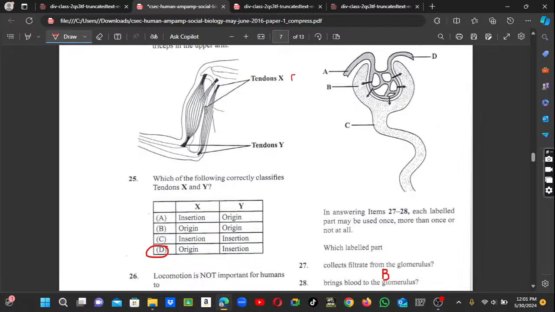So we're writing O here. And we are talking about insertion, alright? So we'd have the origin and insertion. So therefore the answer for number 25 would be D. Does everyone follow it? Alright?